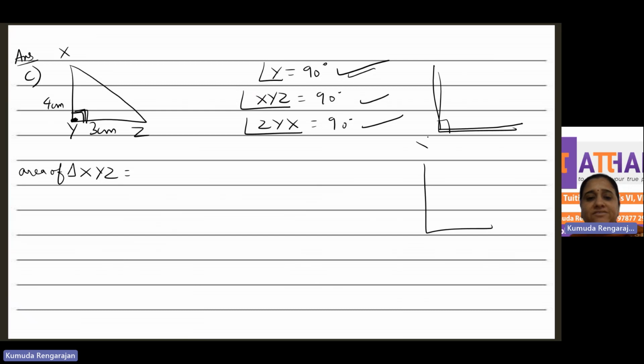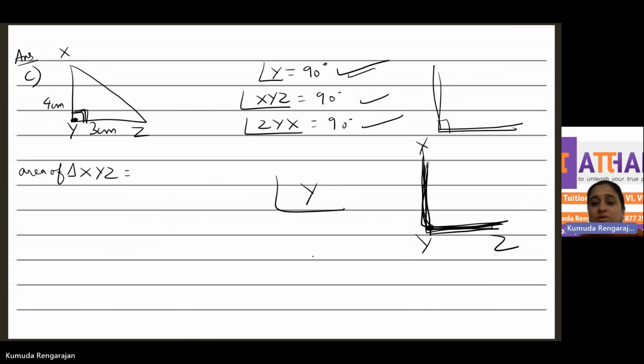X, Y and Y, Z are the arms, right? Where is the angle formed? At Y. Put that letter in the middle. You can mark it X, Y, Z or Z, Y, X, but make sure that Y is in the middle because there only the angle is formed. So all the 3 are correct.